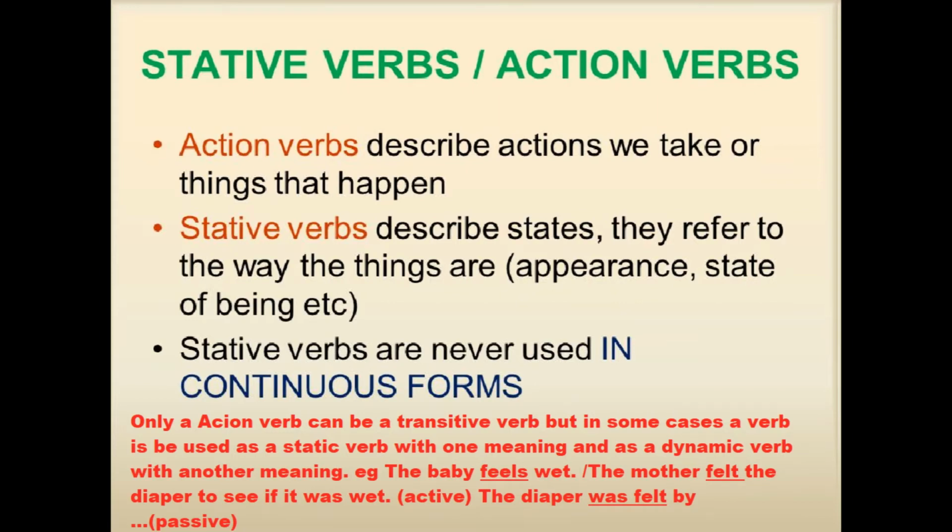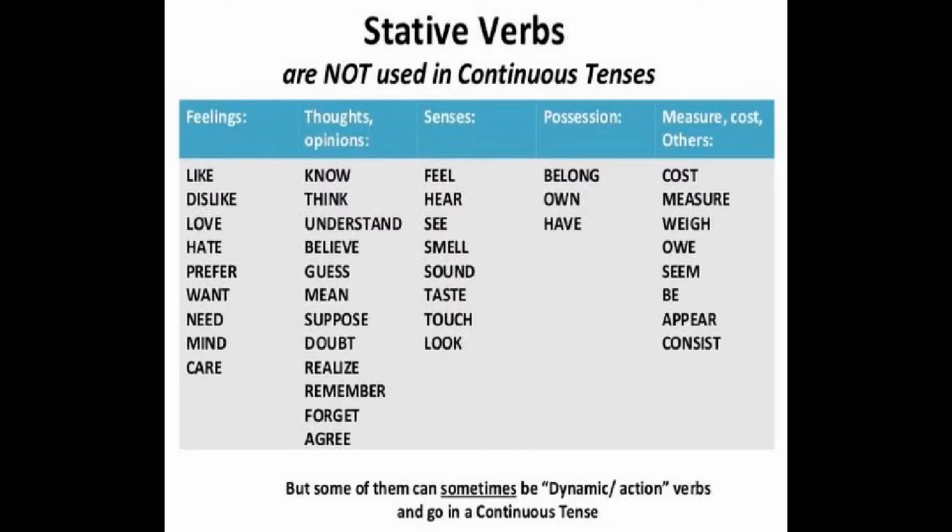Now, what are stative verbs? They are not used in continuous form. There are so many feelings: like, dislike, love, hate, prefer, want. These are feelings. Then thoughts and opinions: know, think, understand, believe, suppose, doubt, remember, forget, agree.